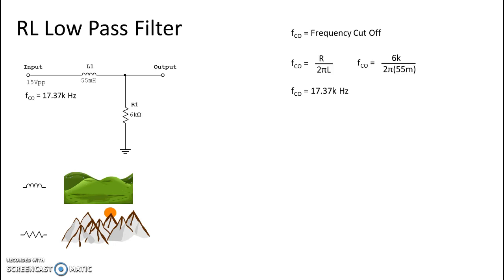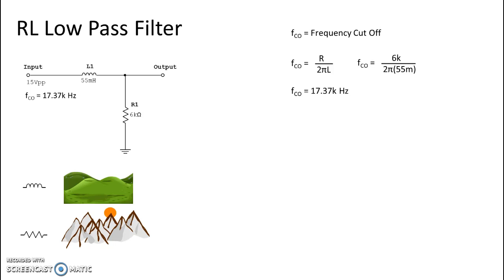And when they are at that point, we have a voltage that is something called the half power point. Now that half power point is where usable voltage begins and ends. So at 17.37 kHz and below, because it is a low pass filter, it says what it does. It passes low.